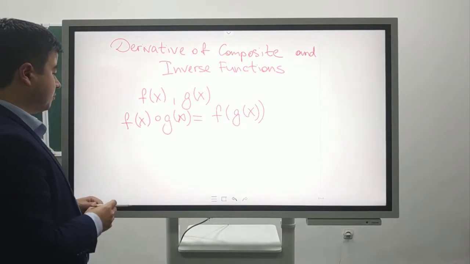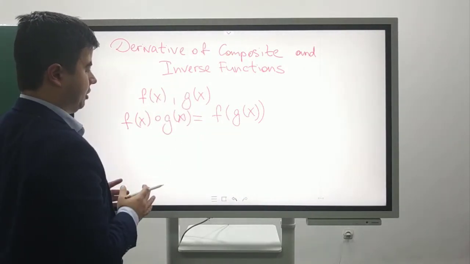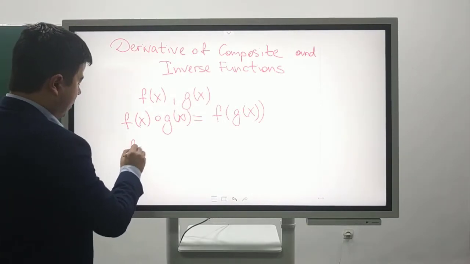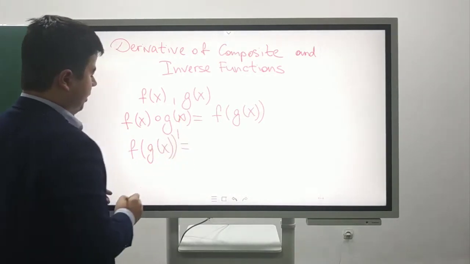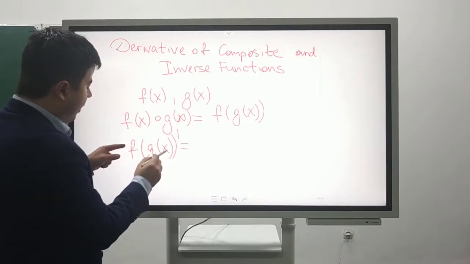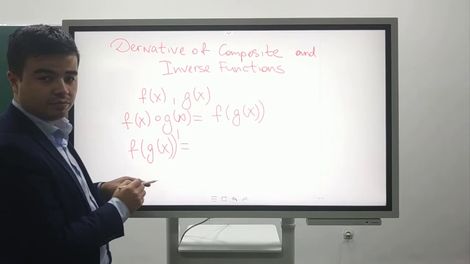And now let me consider the derivative of this composition. Here, the derivative of f of g of x: firstly we need to find the derivative of the main function. Here the main function is f.